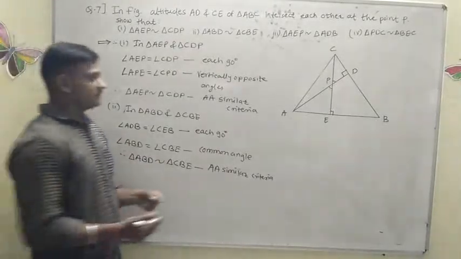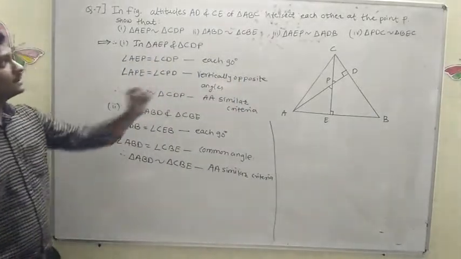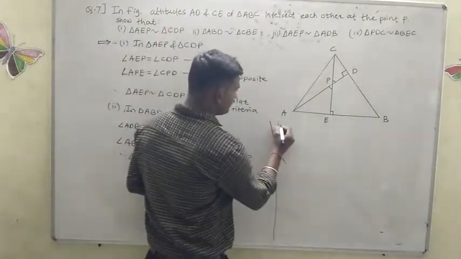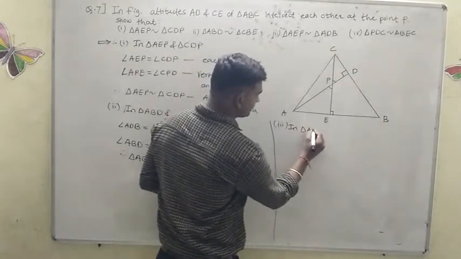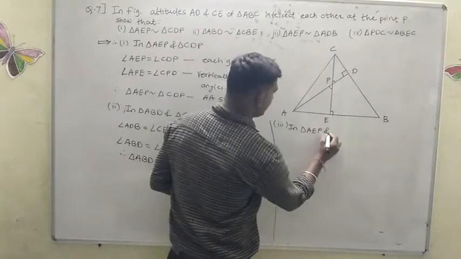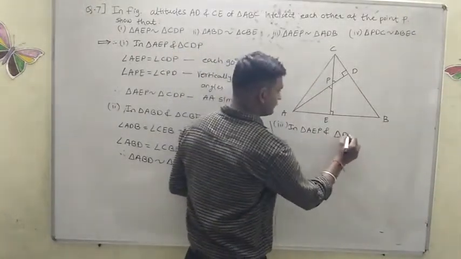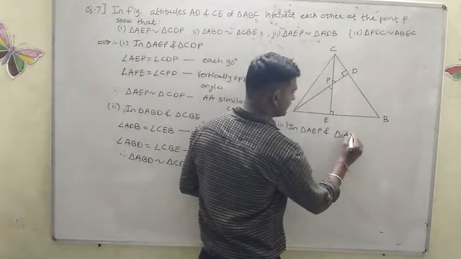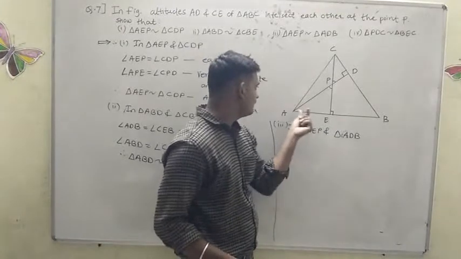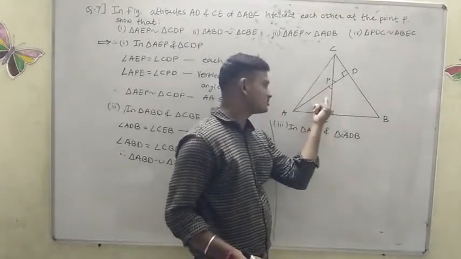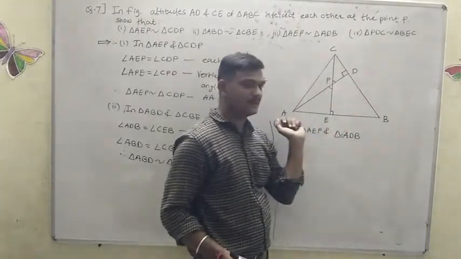Now, see here, what is the third proof? The third proof is triangle AEP and triangle ADB. See here, triangle AEP means this one, the smaller triangle, and triangle ADB means this one, the bigger triangle.